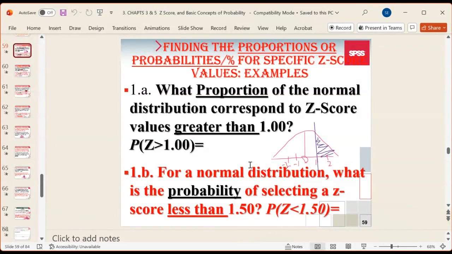If it says probability, once you find it, you need to multiply it by 100. But if it says what proportion, then you don't have to. So it's just like a brain teaser. And that's what statistics is. I'd say at least 60, 70% of statistics is just concentration.